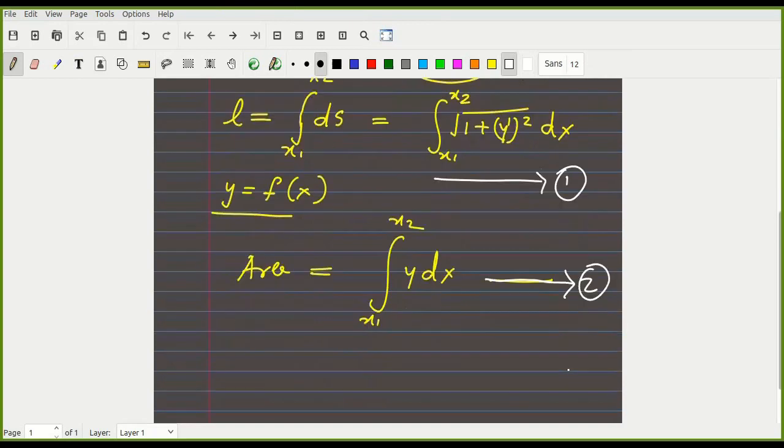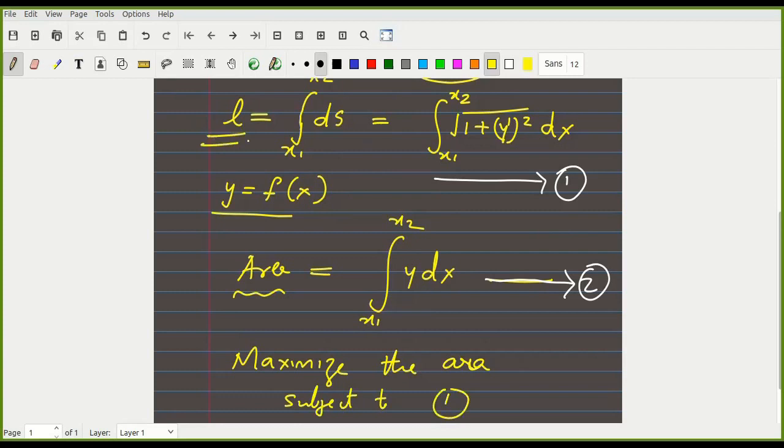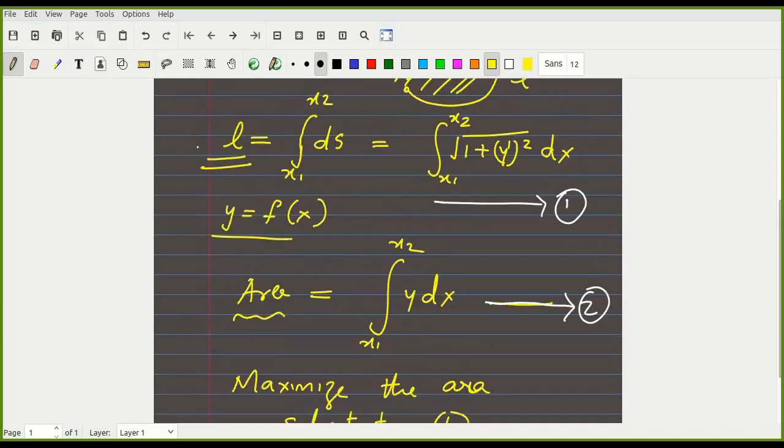So we want to consider these two equations. So what do I want to do? I want to maximize the area, this area, subject to the constraint 1. What is the constraint 1? That this length is fixed. So whenever this kind of coupling comes, we need to use the Lagrange multiplier.